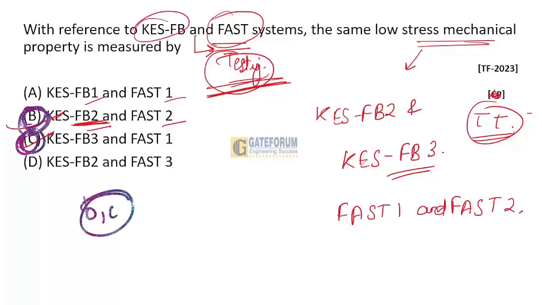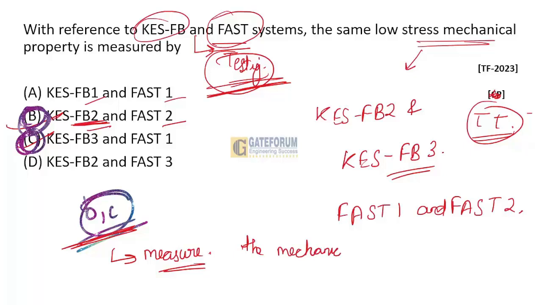Option number B and option number C is the correct option, and these two are different testing systems which are used to measure the mechanical properties of the fabric. So this is important.